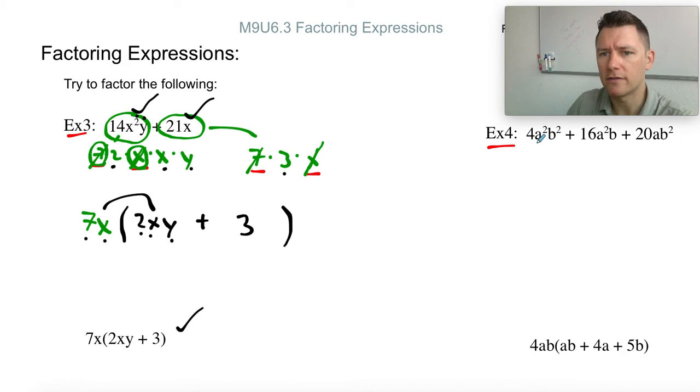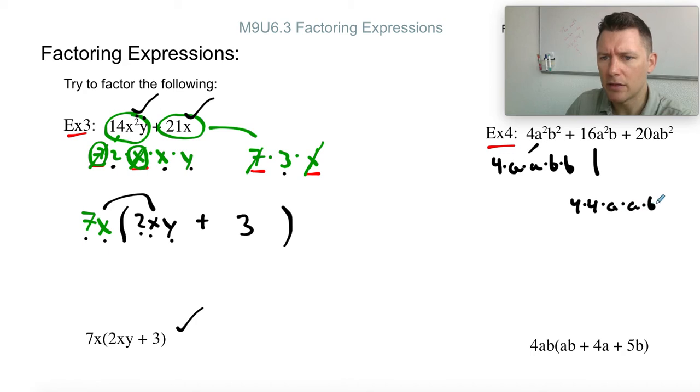This has a 4 and an a squared, an a and an a and a b and a b. This piece has a 4 and a 4 and an a and an a and a b. And this one has a 4 and a 5 and an a and a b and a b.